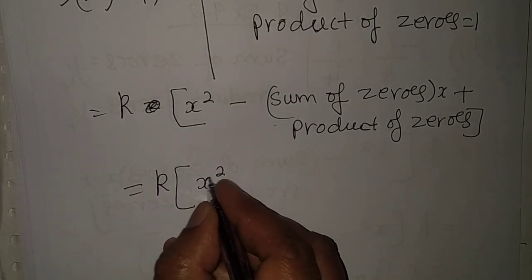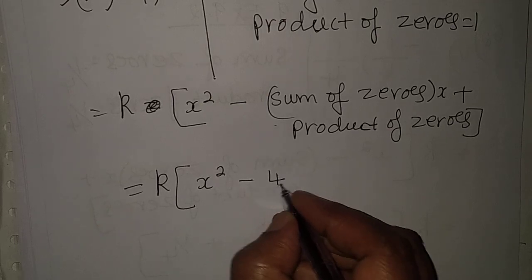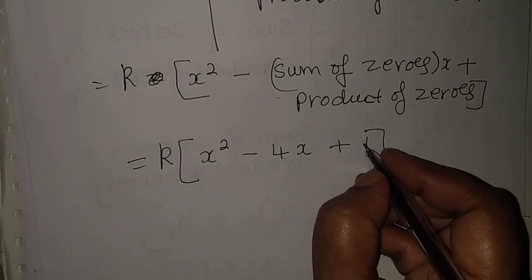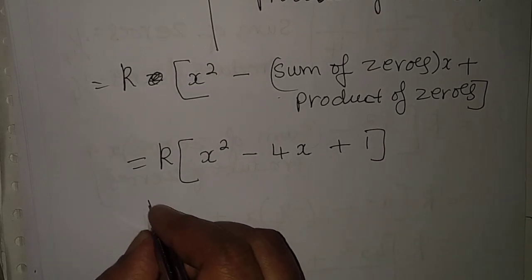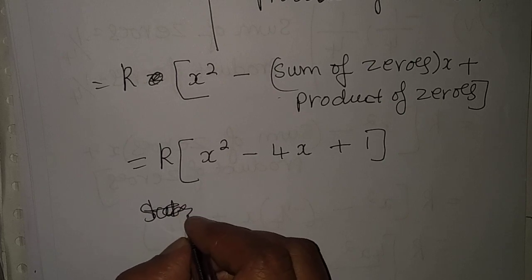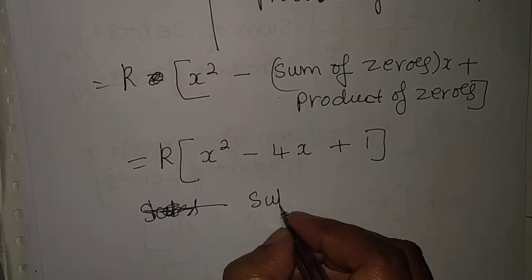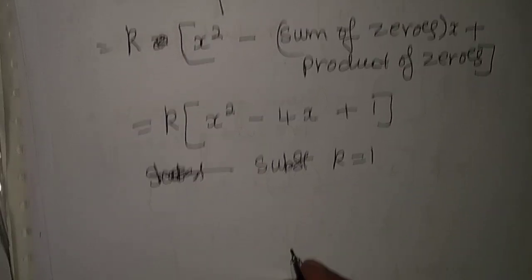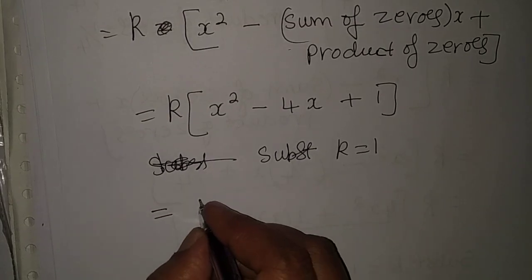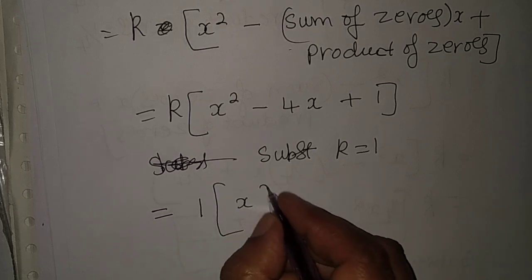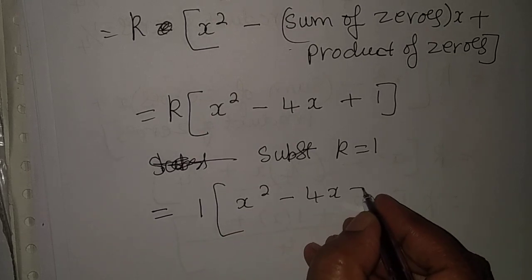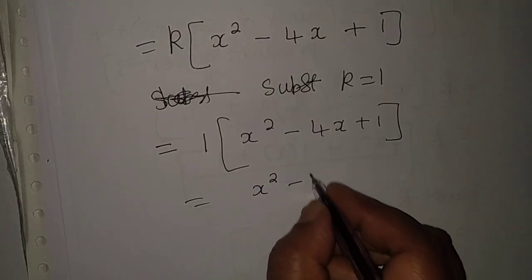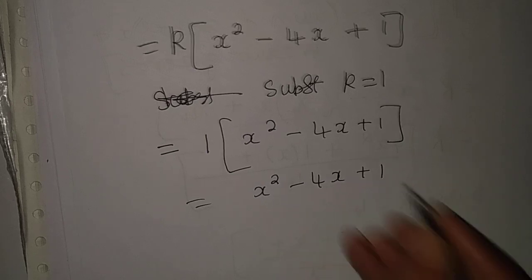So x square minus, substitute the values, 4x plus 1. Now substitute k equal to 1, then we get 1 into (x square minus 4x plus 1). Finally we get x square minus 4x plus 1.